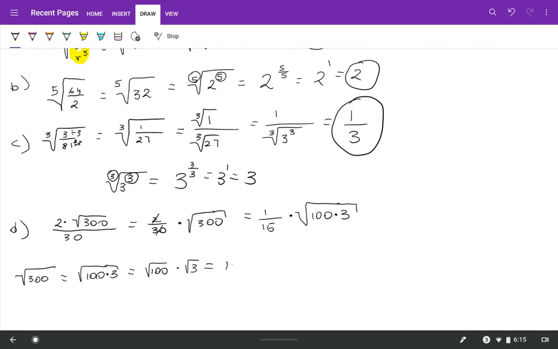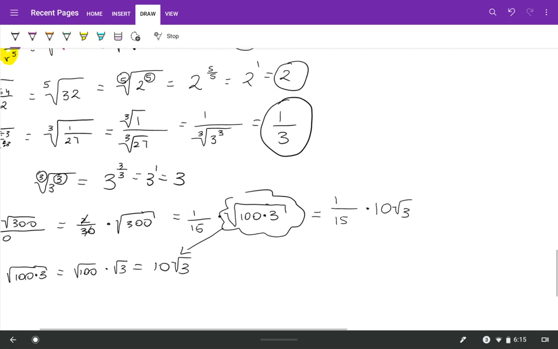Square root of 100 is 10. Square root of 3 we cannot simplify. So this expression is equivalent to 10 radical 3. So we have 1 over 15 times 10 radical 3.